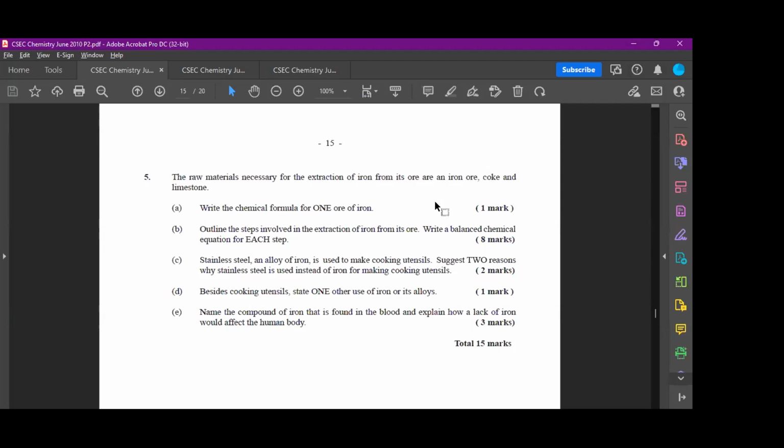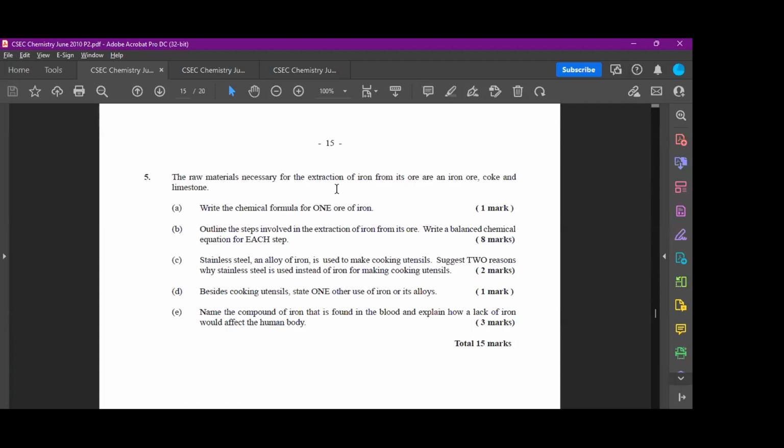Stainless steel, an alloy of iron, is used to make cooking utensils. Give 2 reasons why stainless steel is used instead of pure iron. Besides cooking utensils, what other use is there for iron alloys? And name the compound of iron that is found in blood, and explain how the lack of iron will affect the body.